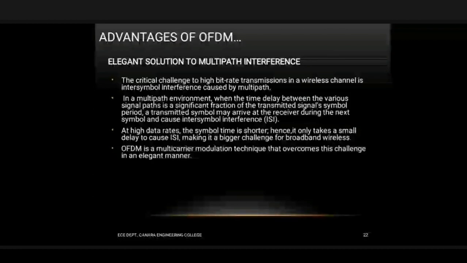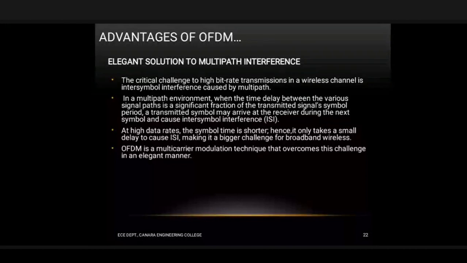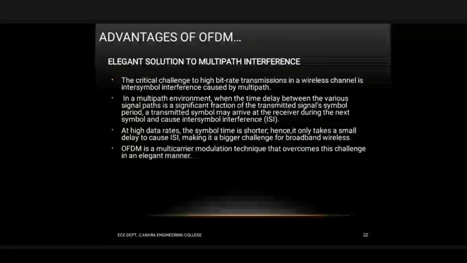So in order to mitigate this, what we can do in OFDM is use multiple subcarriers. So you can send a lower data rate in multiple paths to counter this multipath interference. OFDM is a multi-carrier modulation technique that overcomes this challenge in an elegant manner.